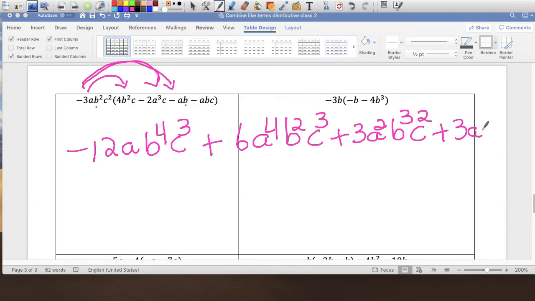A times A is A squared. B squared times B is B cubed. And C squared over here times this C here, it's going to be C cubed. Again, it looks like they're all different. Okay, remember, in order to combine like terms, they must carry the same variable with the same exponent, and they're all different exponents. So they might look the same, but they're not.